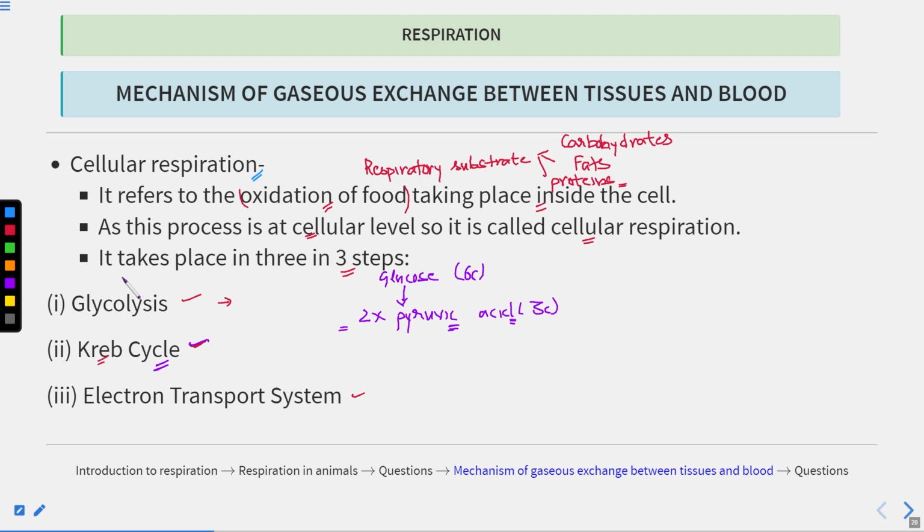Okay, decarboxylation means removal of carbon, and in this process, carbon dioxide is released. So here there is a linking step known as oxidative decarboxylation. So between glycolysis and Krebs cycle, there is one more step which is known as oxidative decarboxylation.